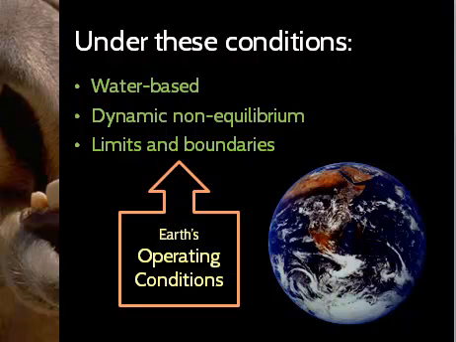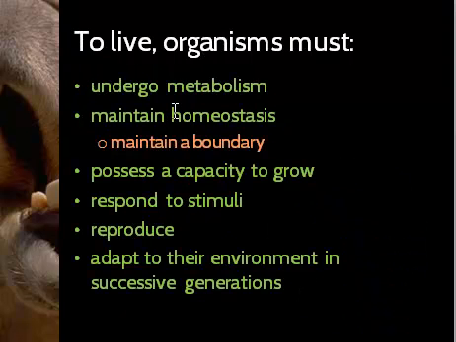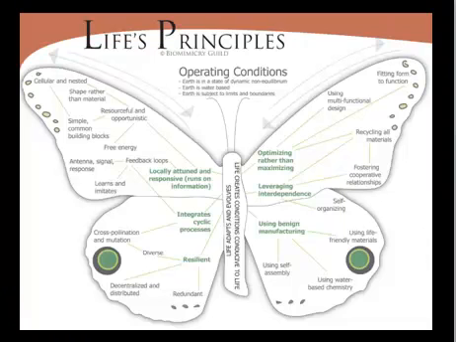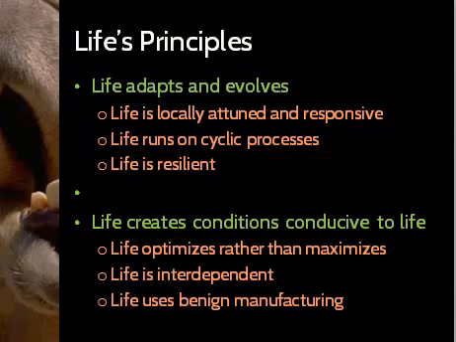So organisms have to live under these conditions, and to do that, all organisms and processes and systems follow this set of life's principles. Okay, and this is what they look like in outline form. The 2 main ones are that life adapts and evolves, and life creates conditions conducive to life.